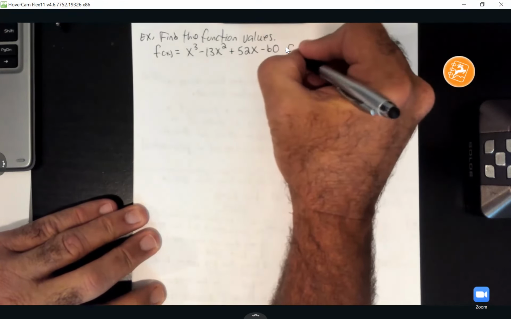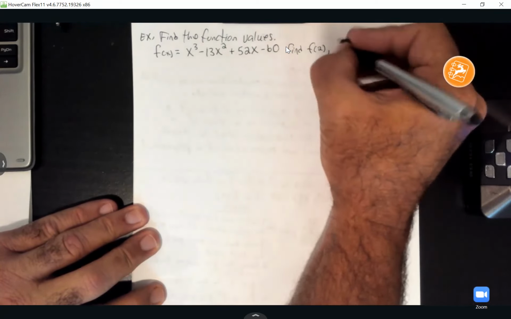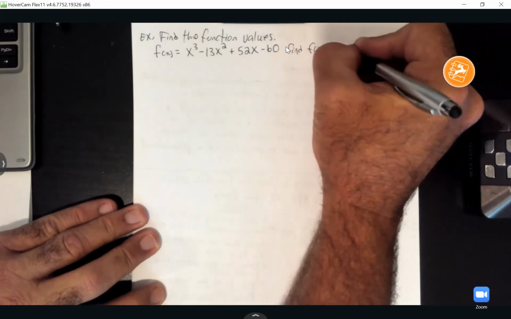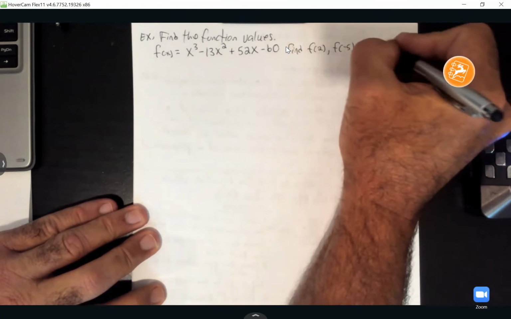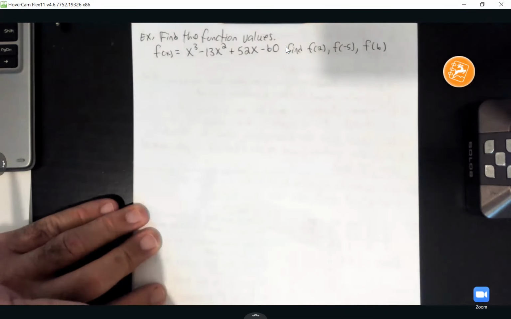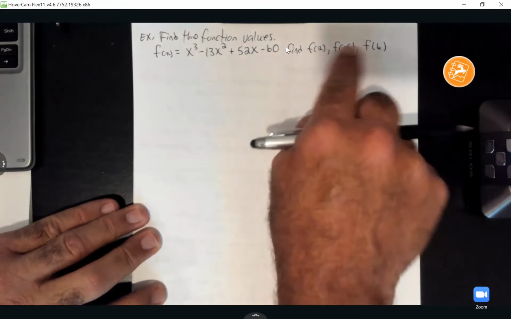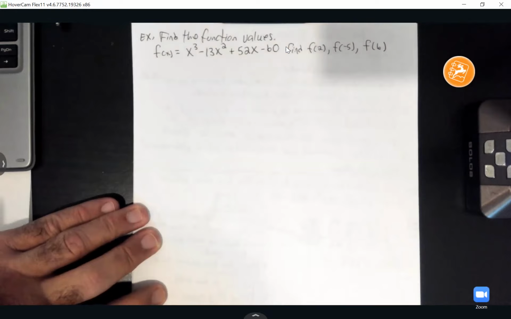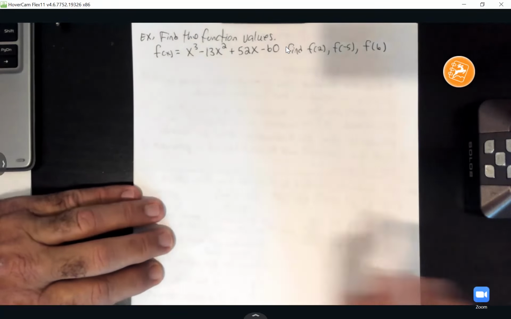They want us to find f of 2, f of -5, and f of 6. So 3 problems in one, okay? So I'm going to have to do synthetic division 3 times to find all these function values. So y'all will do this one and then we'll take a break, okay?